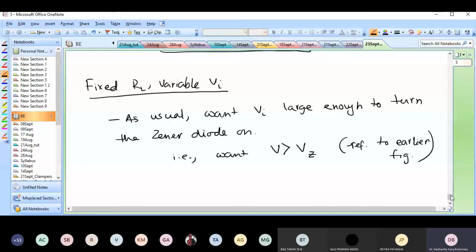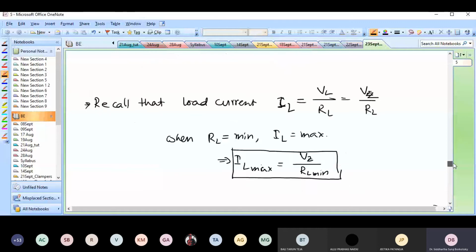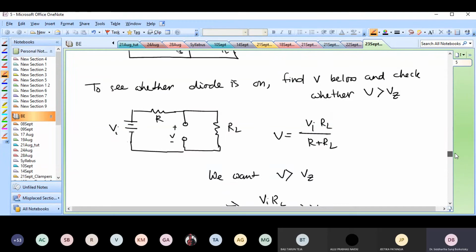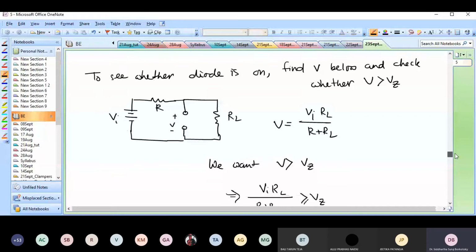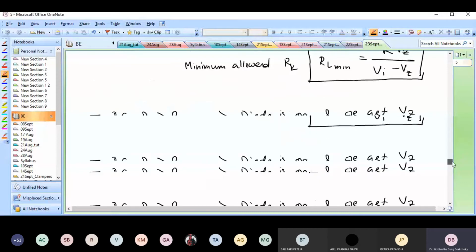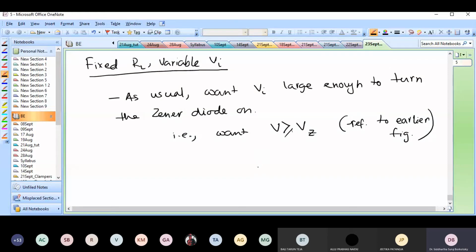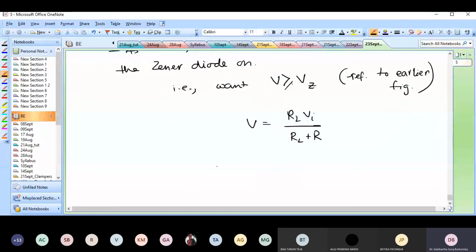If you remember at the very beginning, we looked at what voltage would be developed across the two terminals of the diode if I remove the diode and make this an open circuit. I calculate that voltage and see whether it is greater than or less than the Zener potential. So I have V is RL times VI by RL plus R. What is the minimum voltage that is required?